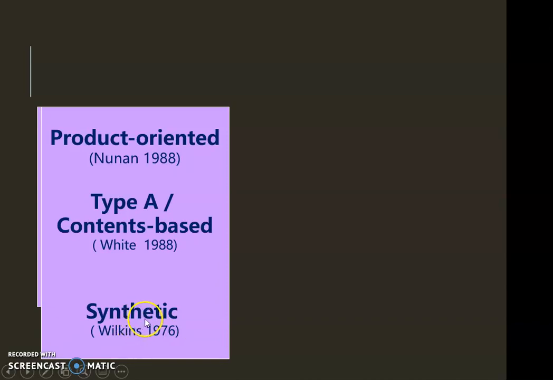Wilkins described synthetic syllabuses as opposed to analytic, you might imagine, as well. Those syllabuses, and we're talking about the same type, are ones in which language is broken down into units of different types and taught one at a time, and the processes of the learner are to re-synthesize all those bits into the whole that is language, right?